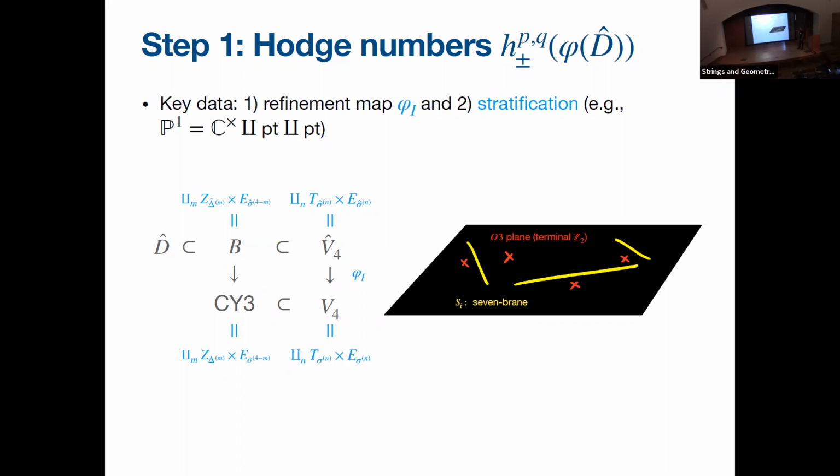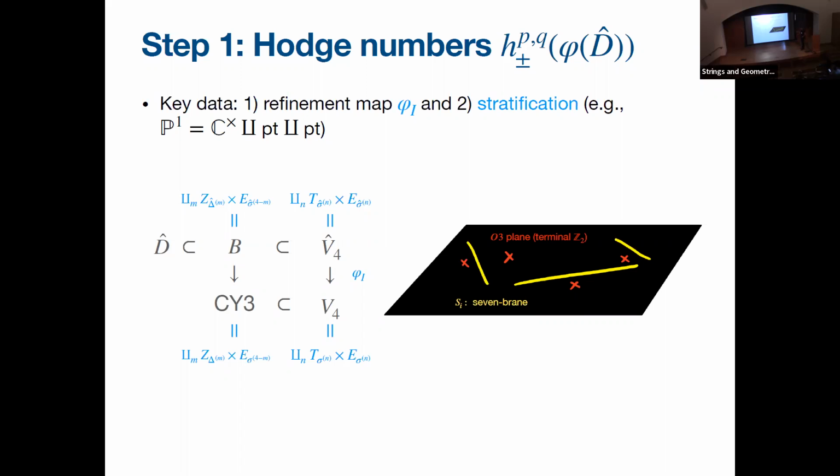So here's a simple example of P1. I can think of it as a disjoint union of 2 points with the algebraic torus C star. So toric spaces admit stratifications. They can be written as these disjoint unions of different subsets, which are built out of algebraic tori and sometimes some exceptional spaces that come from doing blowups.